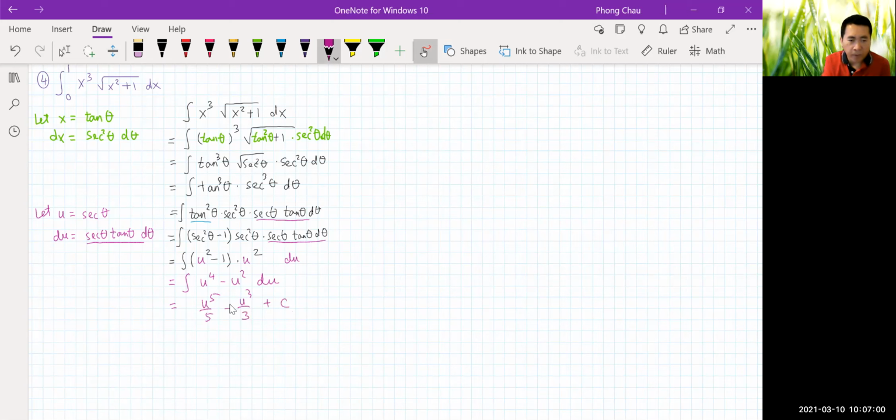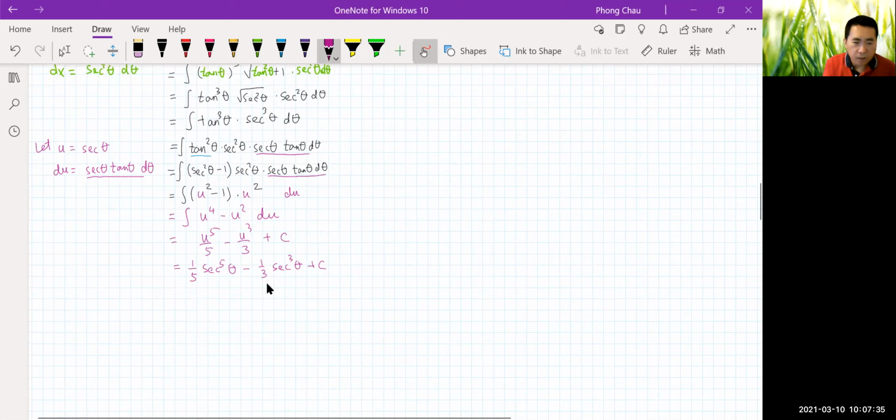Now, once I finish integrating, I need to substitute back. What is u? Don't forget, u is secant. So if you replace the u with secant, you rewrite that as 1/5 secant to the 5th theta minus 1/3 secant cubed theta plus c.